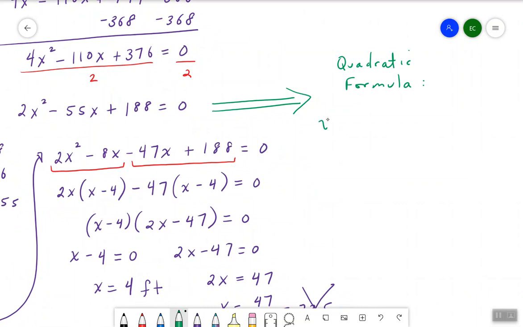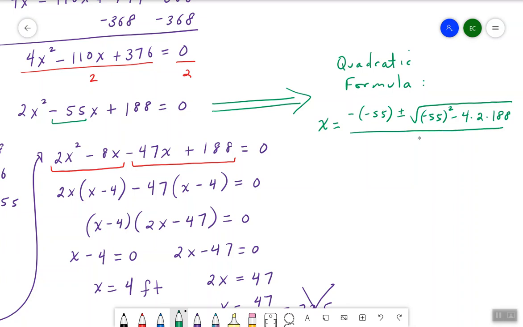We would get x is equal to negative b, which is negative 55, plus or minus the square root of b squared minus 4 times a, which is 2, times c, which is 188, all over 2a.